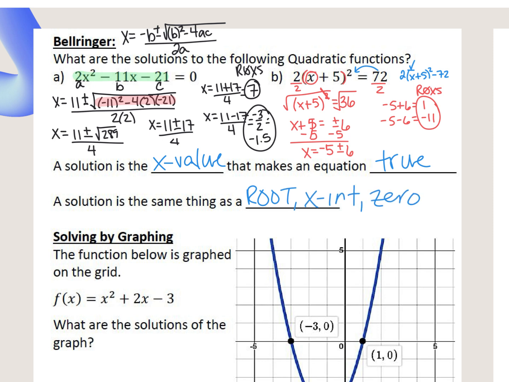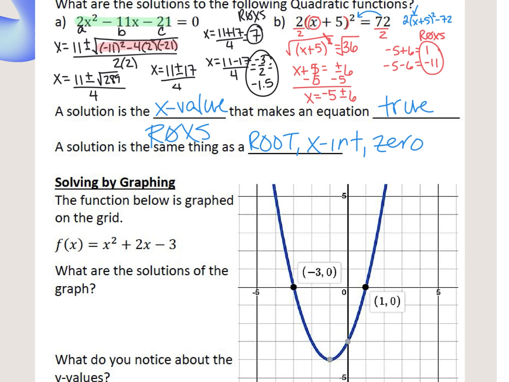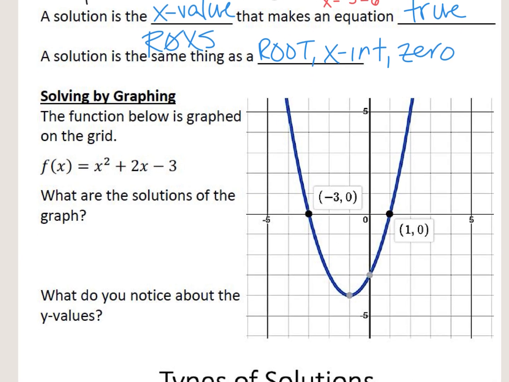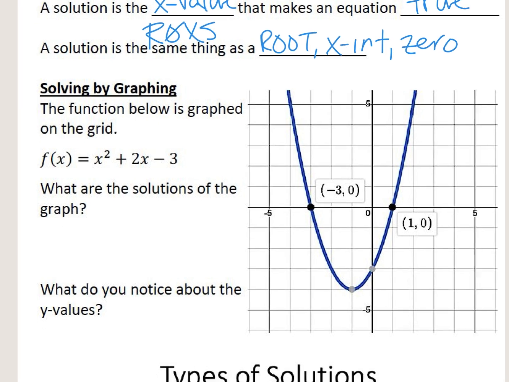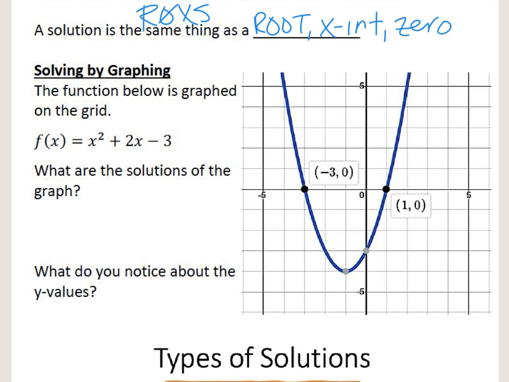Even if we're talking about a linear equation, if it says 0 or x-intercept or root or solution, even though we mostly talk about that with quadratics, it's still the same thing, okay? And that's our little mnemonic device with the rocks, okay? So we are going to continue to look at those, and we're going to do that with graphing, which is by far your favorite thing, okay?